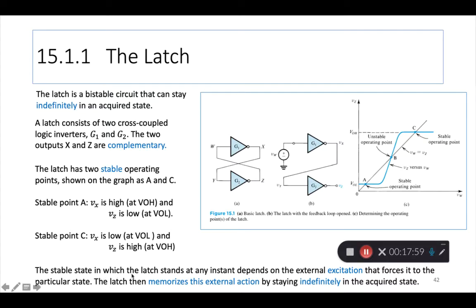The stable state in which the latch stands at any given instant depends on the external excitation that forces it to that particular state. So at any given point, it can be either with Vx high, that means the output is VOH, which is the output high.